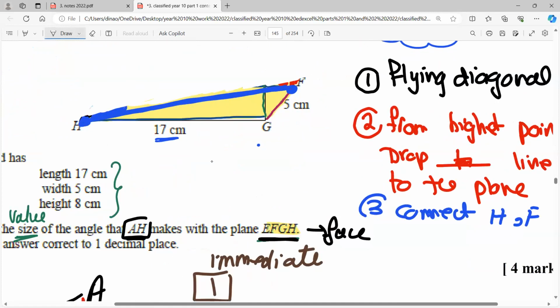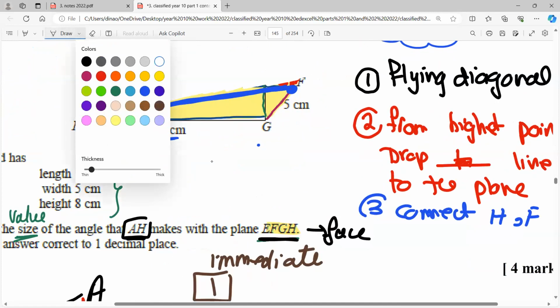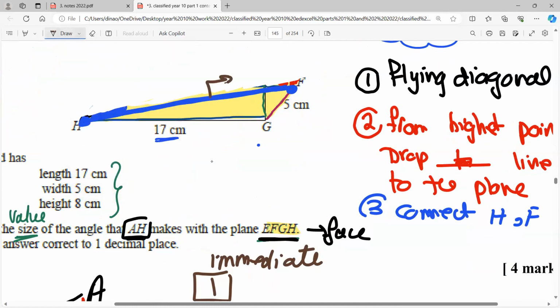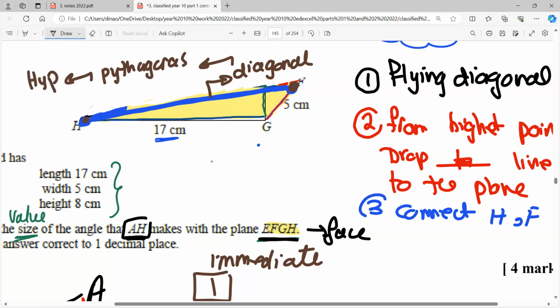So after I do my construction and after I create my triangle, your objective is to immediately calculate this diagonal that is drawn in my plane. This diagonal is always and forever calculated by Pythagoras theorem and always and forever a hypotenuse.